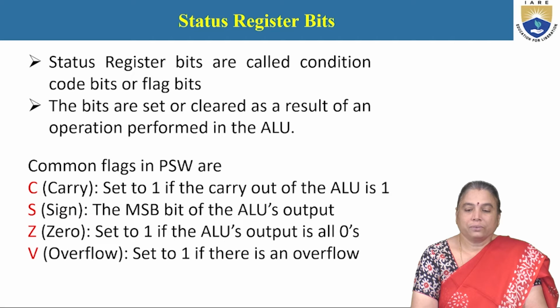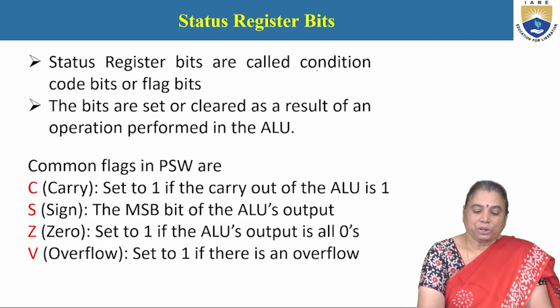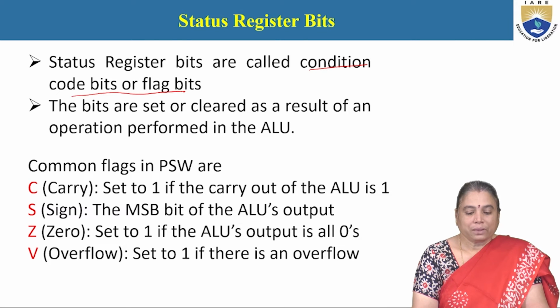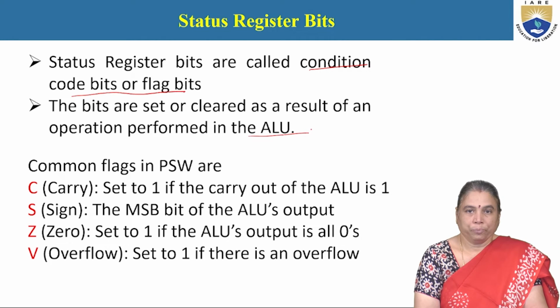What are the status register bits? In order to perform conditional branching, these status register bits are useful. These are used as conditional code bits or flag bits. The bits are set or cleared as a result of an operation performed in the ALU.